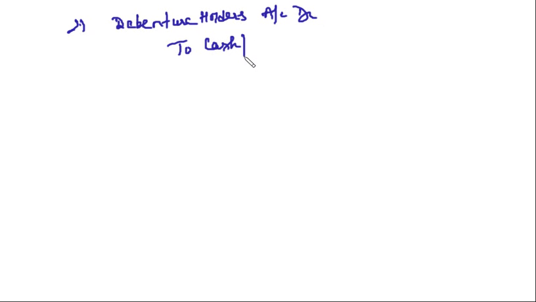Payment made to debenture holders first. For that I will say debenture holders account debit to cash or bank account, this is 90 rupees.